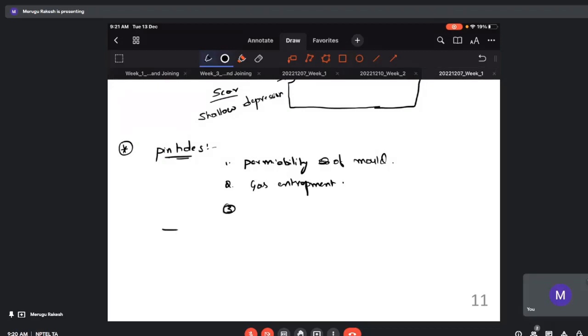So to remove it, you can use some degassing agents, such as CCl4, which is one of the degassing agents, or SAM. So these two you can more or less play with in order to reduce this type of pinhole.